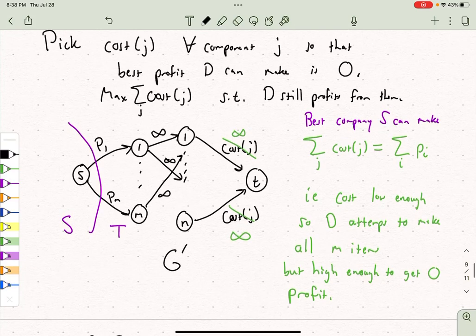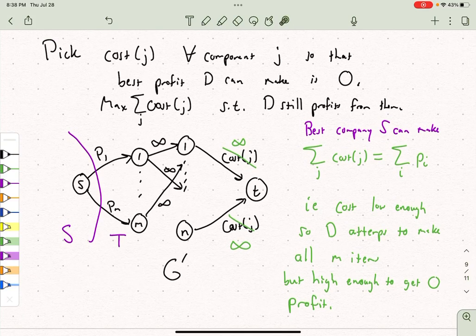So the only question here is correctness, but correctness is obvious by this argument here. We know by the project selection algorithm that this is what's going to happen, and that's correct. So from D's perspective, this is the only cut, and so that's the total capacity they'll get, which ends up giving them a net zero profit.